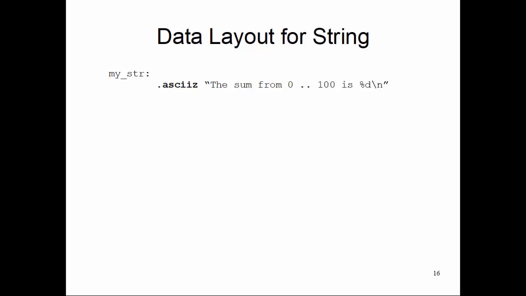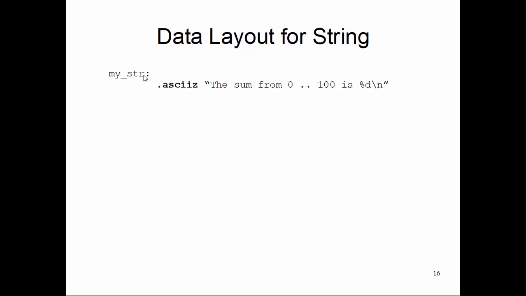How can we define it in assembly? A string in a high level program is defined within double quotation marks with some letters inside. So we can define it like this.